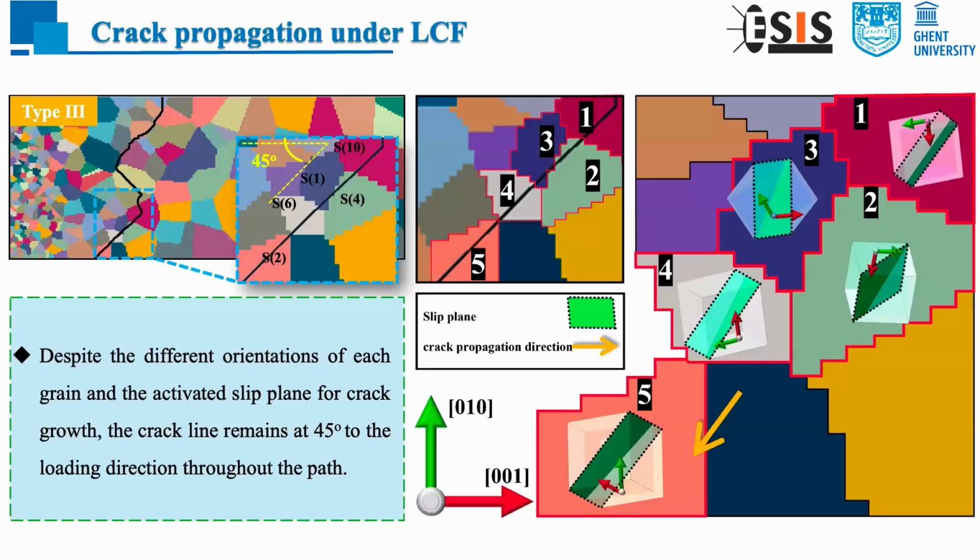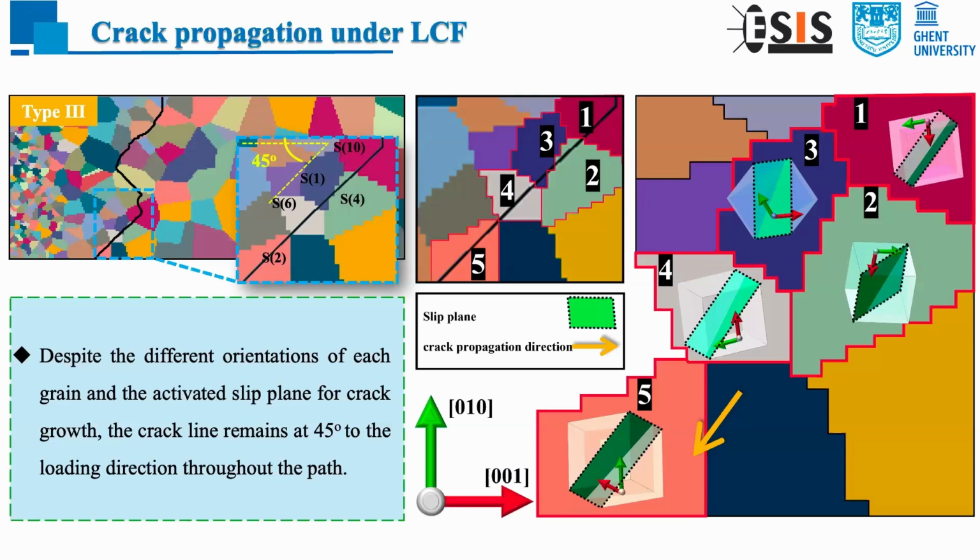And we also see that for type 3 cracking, there will be a very straight line that is very close to a 45-degree angle. And in this figure, each color represents a different orientation. And you can also see how the grains are plotted in our model. We can see the slip system activated for the crack propagation is different.